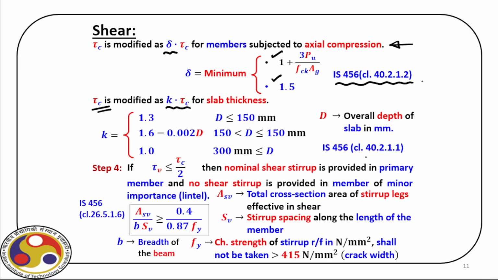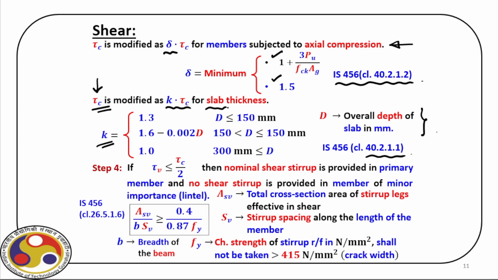And that comes from clause 40.2.1.1. Depending upon the overall depth of the slab in millimeters, we need to identify K, and that K we multiply with tau c to get the actual tau c that we use for design of shear reinforcement in case of a slab.